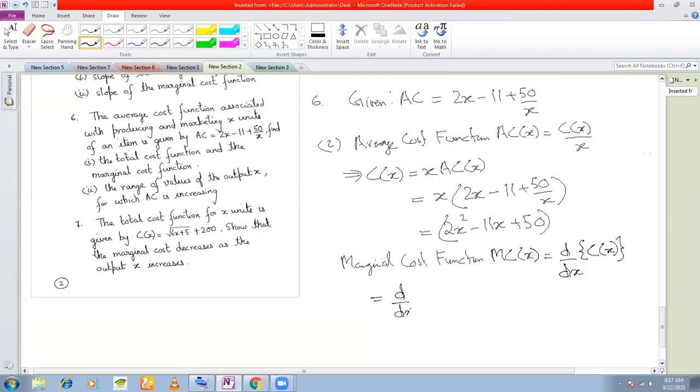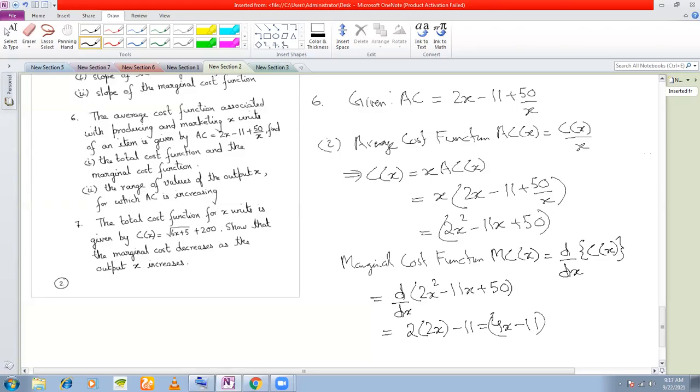You simply differentiate 2x square minus 11x plus 50, so you get 2 into 2x minus 11, which is equal to 4x minus 11. This is your marginal cost function.